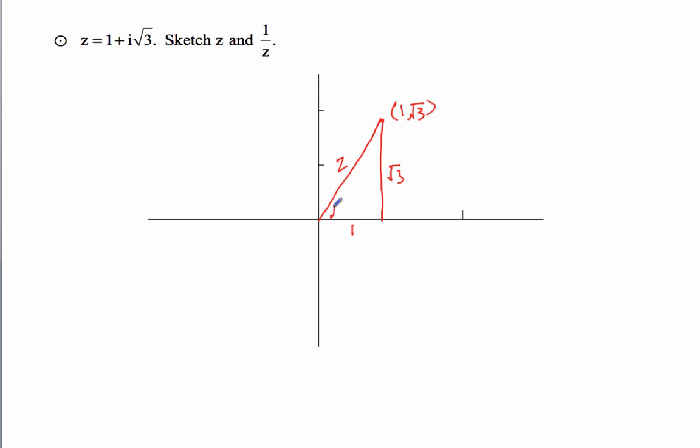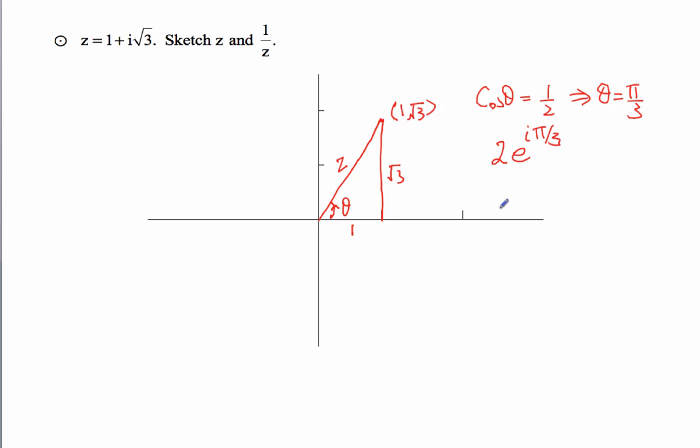Now this angle theta over here is cosine of theta equals half, which means theta then is pi by 3. And so we can write the polar representation of this complex number z as 2 times e to the i pi by 3.